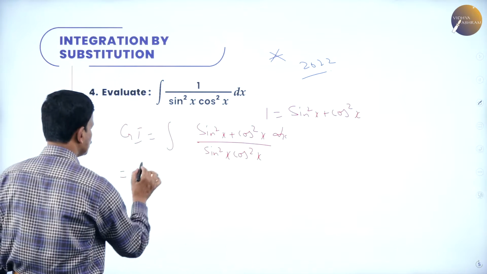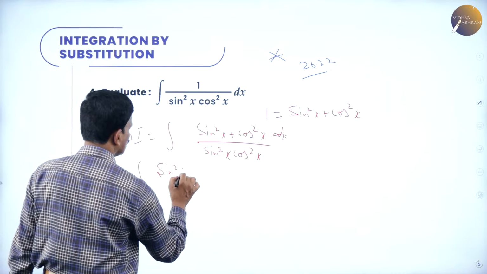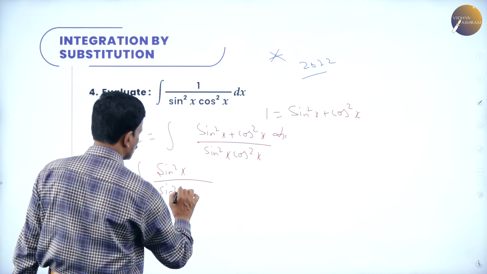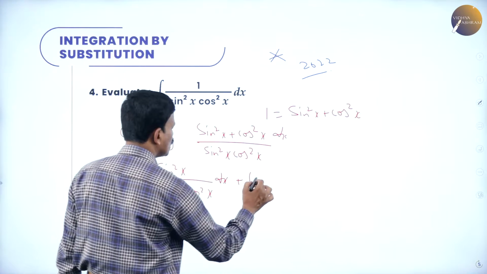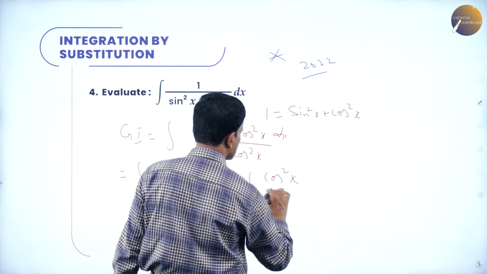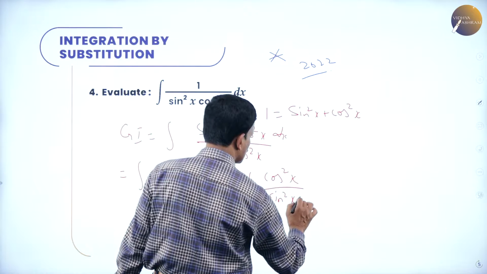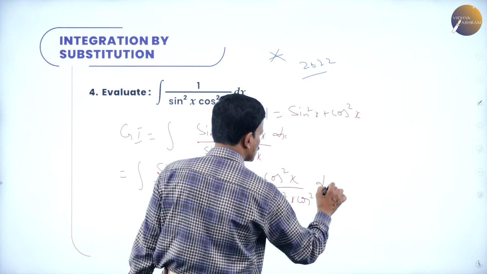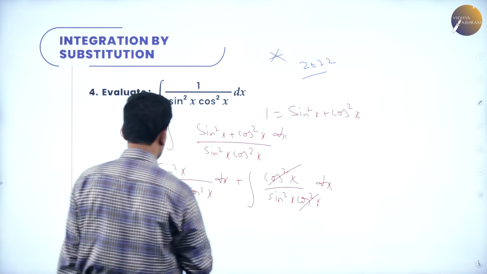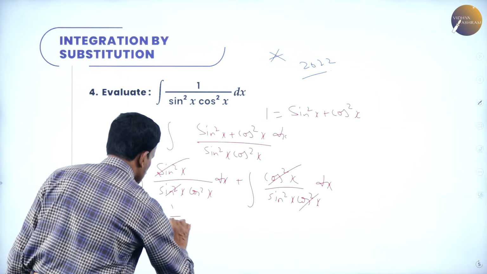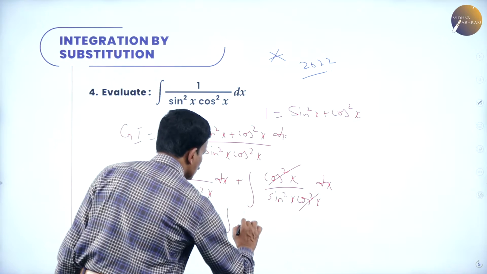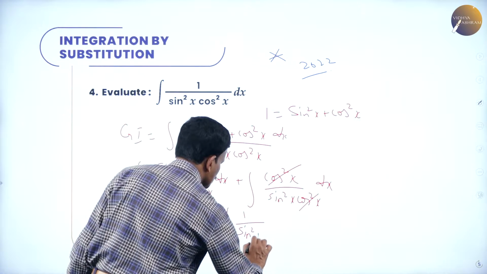Now term by term division, divide it. Sin square x divided by sin square x into cos square x dx, plus integral cos square x divided by sin square x into cos square x dx. Now this cos square cancels, sin square gets cancelled. 1 over cos square x dx plus 1 over sin square x dx.